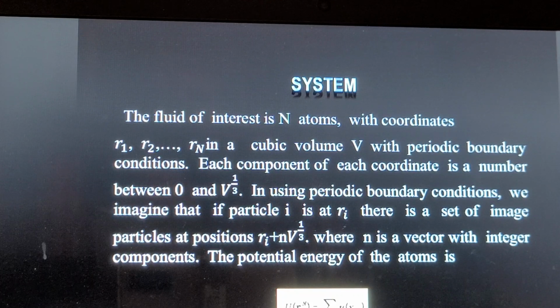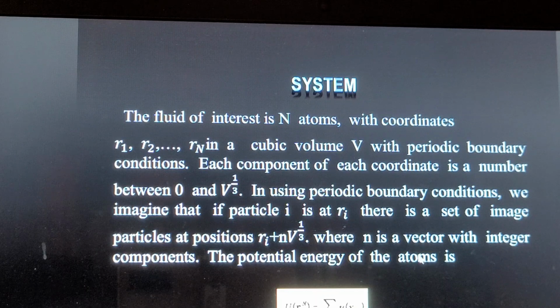And using periodic boundary conditions, we imagine that if particle i is at Ri, there is a set of image particles at positions Ri plus nV^(1/3), where n is a vector with integer components.